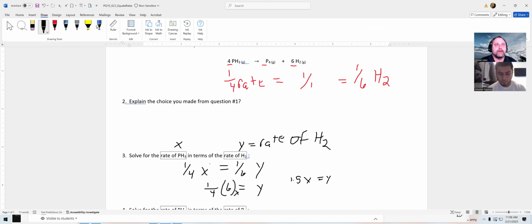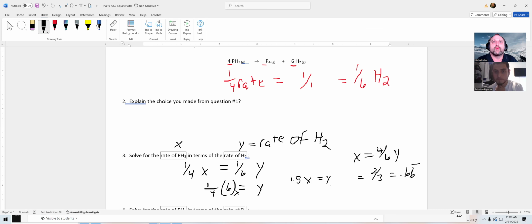We could take it the other way, and if they wanted the X, we could bring it in, and X would be 4/6 times Y, which would be 2/3, 0.6. Okay.